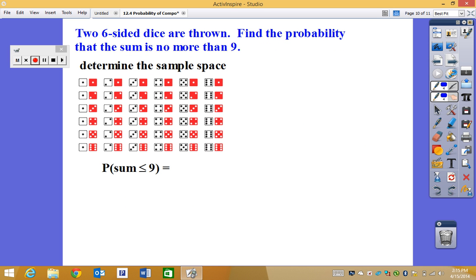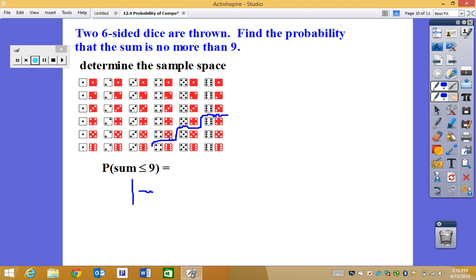In the next example, it says 2 6-sided dice are thrown. Find the probability that the sum is no more than 9. In other words, that the sum must be less than or equal to 9. To make things a little bit simpler, we can take 1 minus the probability that it's going to be greater than 9, which means it needs to be a 10, 11, or a 12.